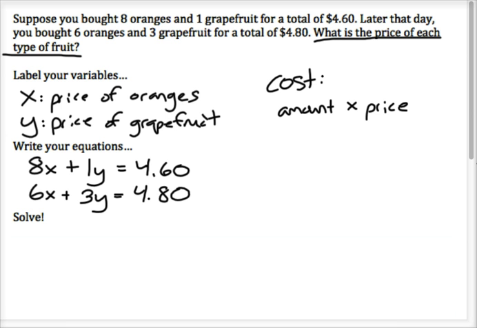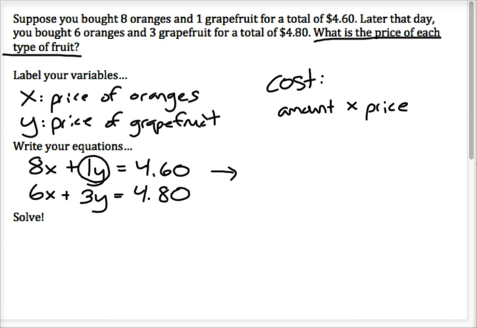So, first step, I want to get one of my variables by itself. All right? Now, I'm going to focus on this variable right here, that 1y. Because remember, it's easiest if it has a coefficient of 1, or if it's not being multiplied by anything. So really, all I have to do is transform that equation.